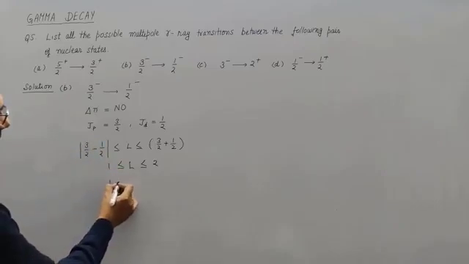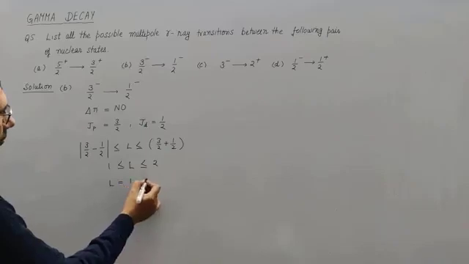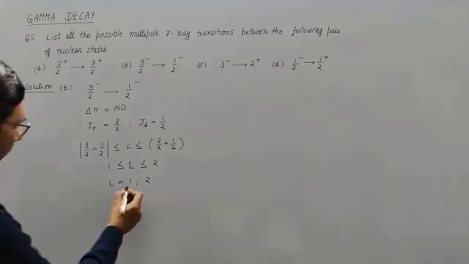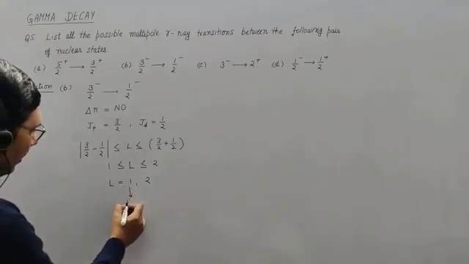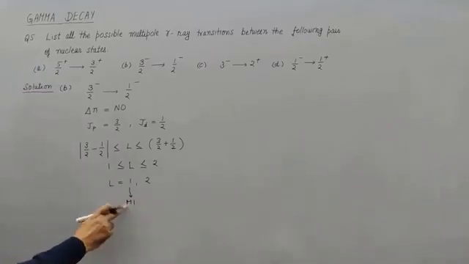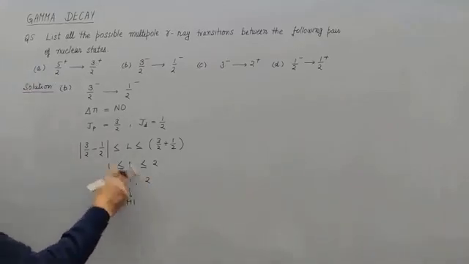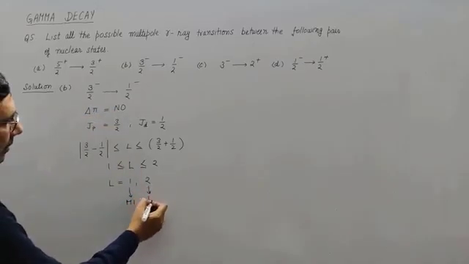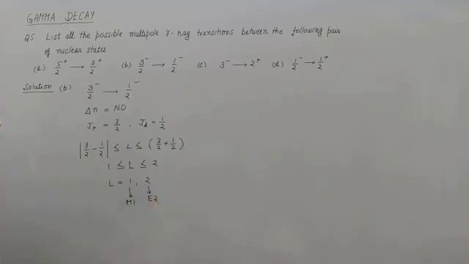So allowed values of L are 1 and 2. Now take the case of L equal to 1 and no change in parity. So this transition will be M1 type. When you take L equal to 2 and there is no change in parity, then you are aware that it will be corresponding to E2. So this is B part.